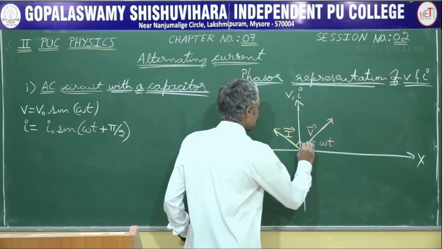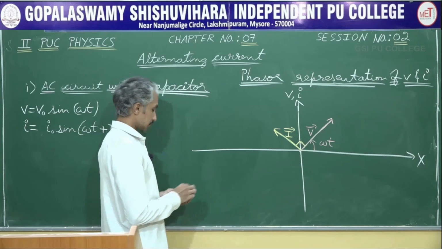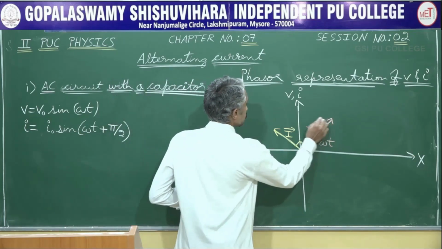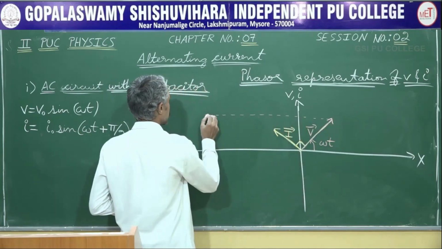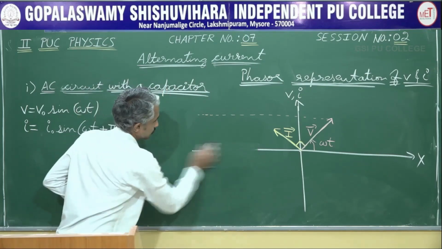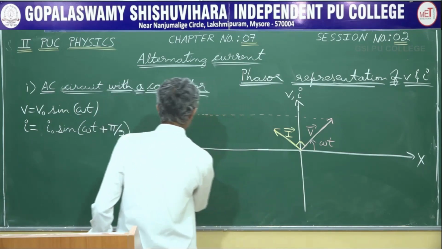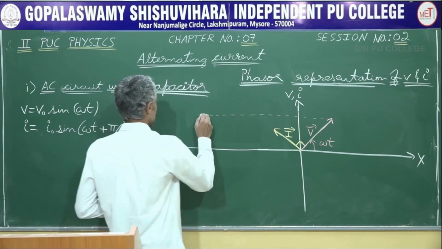The difference between the voltage and current is 90 degree or pi by 2 radians. The projection on the y axis gives the instantaneous value.